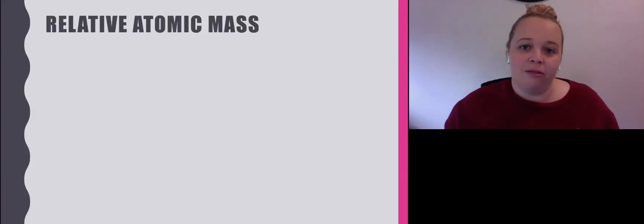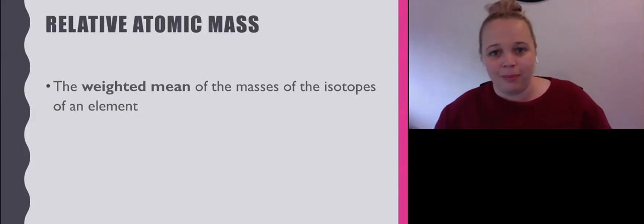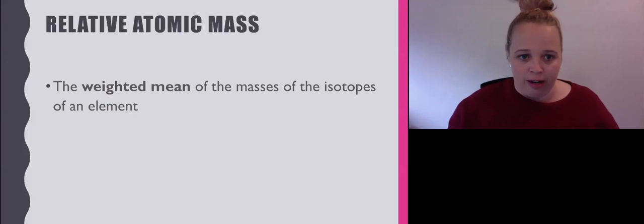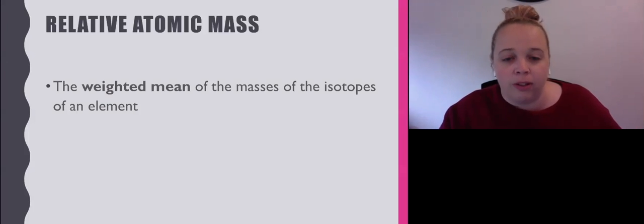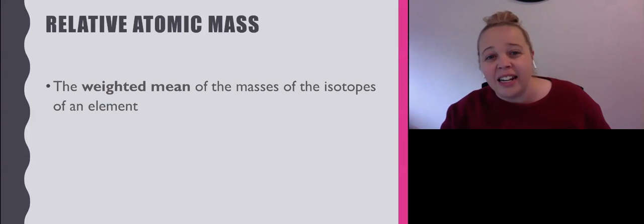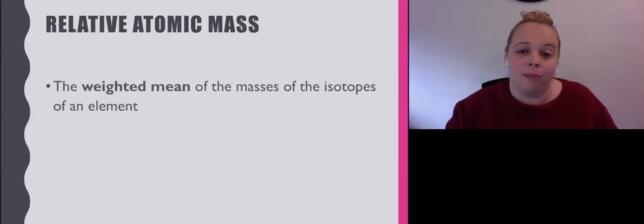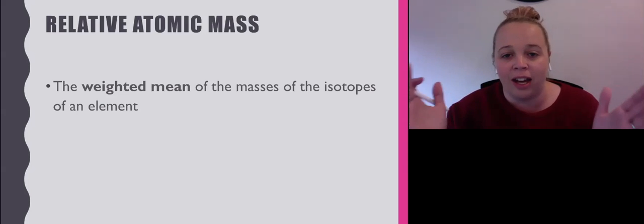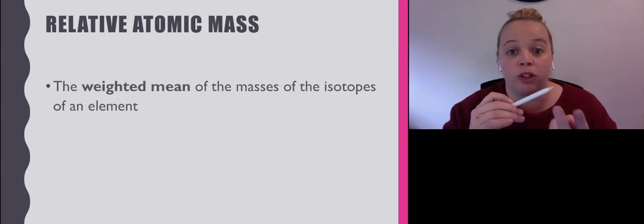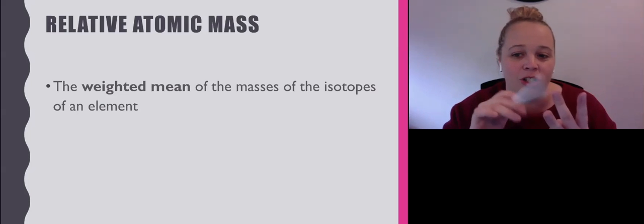Okay, so what is the relative atomic mass? The relative atomic mass is the weighted mean of all of the masses of the isotopes of an element. It's all good and well to say that there are 3 isotopes of carbon, but 98% of those isotopes are actually carbon-12. So you don't want to say that the average mass of carbon, if its isotopes are 12, 13, and 14, is 13.